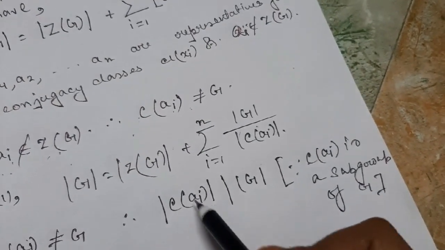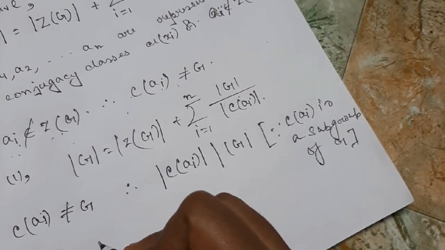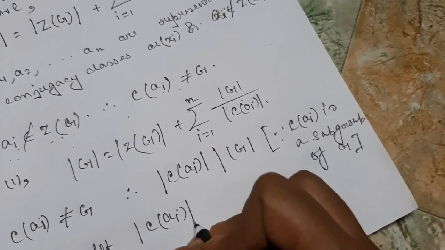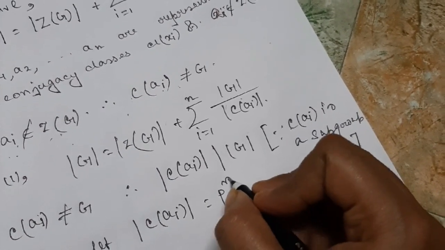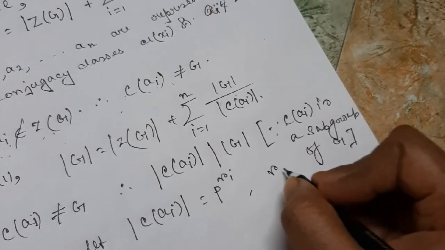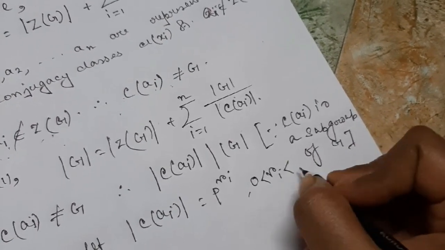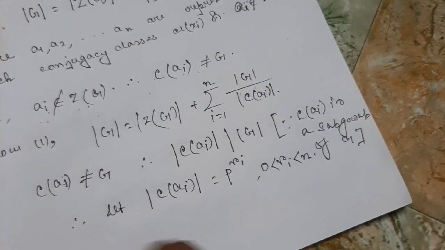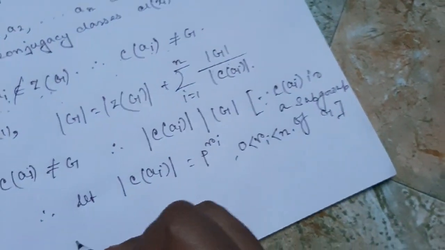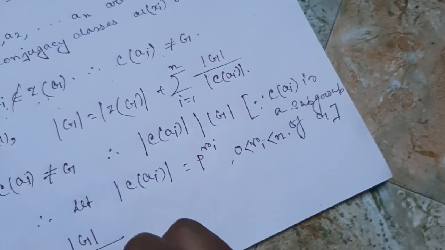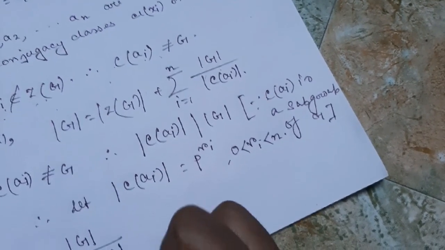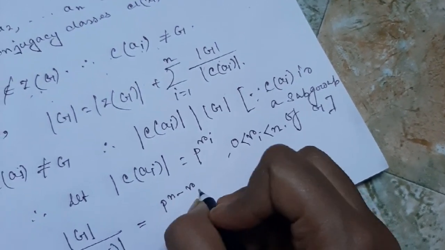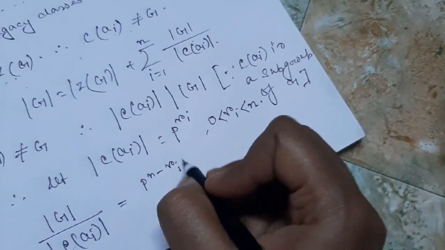So let the order of C of Ai equal p to the power Ri, where Ri is a positive number less than n. Therefore mod G by mod of C of Ai equals p to the power n minus Ri, and this is a positive power.